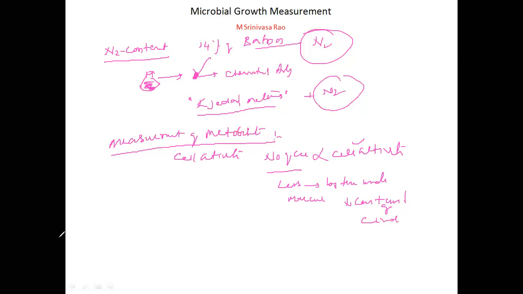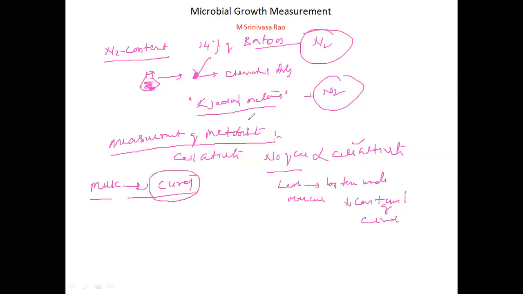The curdling process, milk turning into curd, is one of the microbial activities. So the addition of microbial cells is in direct proportion to its activity, so the growth of a microorganism can be measured here. If the number of microbial cells grows very quickly, it results in the formation of the end product very quickly.